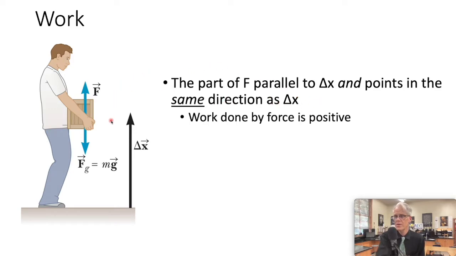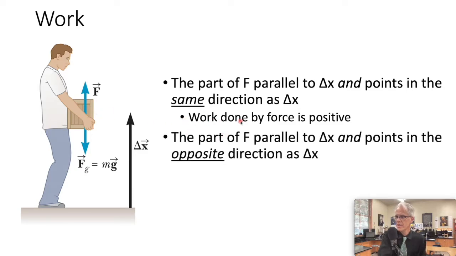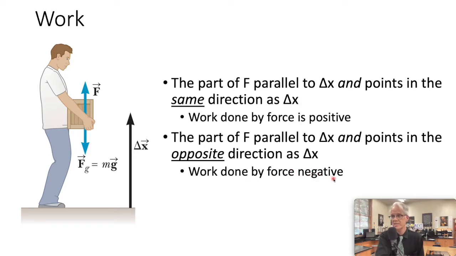So if we are lifting up on this box, moving it through a displacement, we did positive work on the box. If the part of a force F is parallel to the displacement and points in the opposite direction of the displacement, the work done by the force is negative.